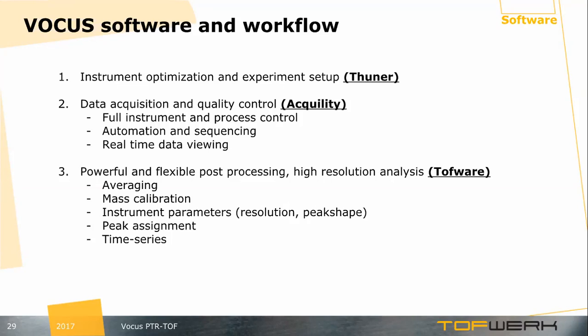So for example, background measurements and calibrations, and also gives you a real-time way to look at your data. And then you would step into the final software package, which is Tofware, and there you'll be able to do averaging, mass calibration, look at instrument parameters, for example, resolution and peak shape, perform peak identification and assignment, and then generate time series of the data of interest. So we'll just walk through this workflow.